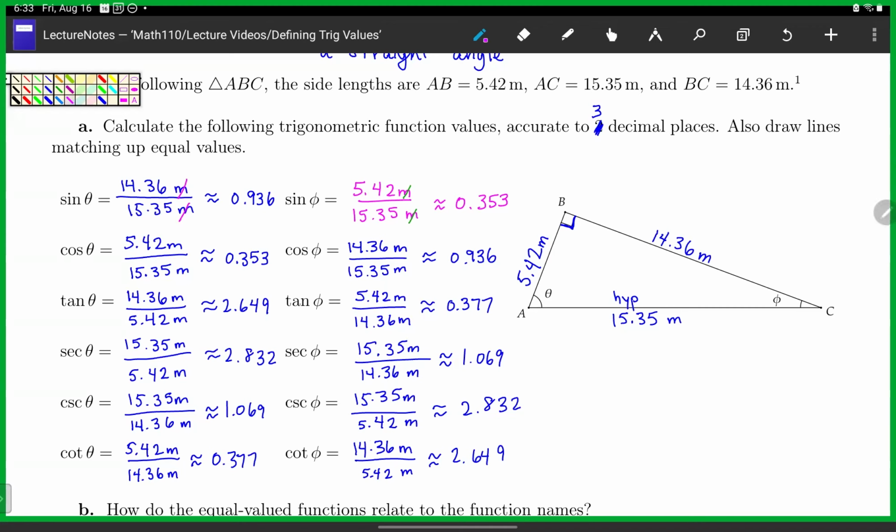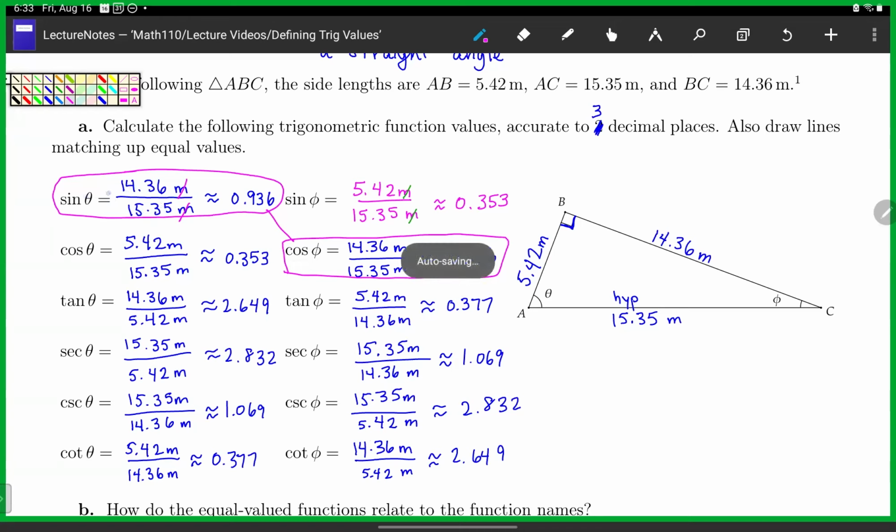As an example, sine of theta and cosine of phi are the same values. Basically because both of them are something over hypotenuse, and sine is opposite over hypotenuse, but the opposite side of theta is the same as the adjacent side of phi.